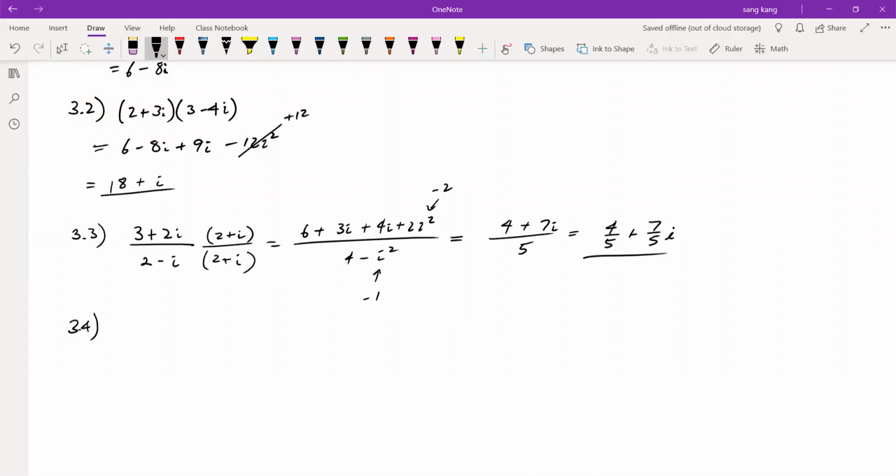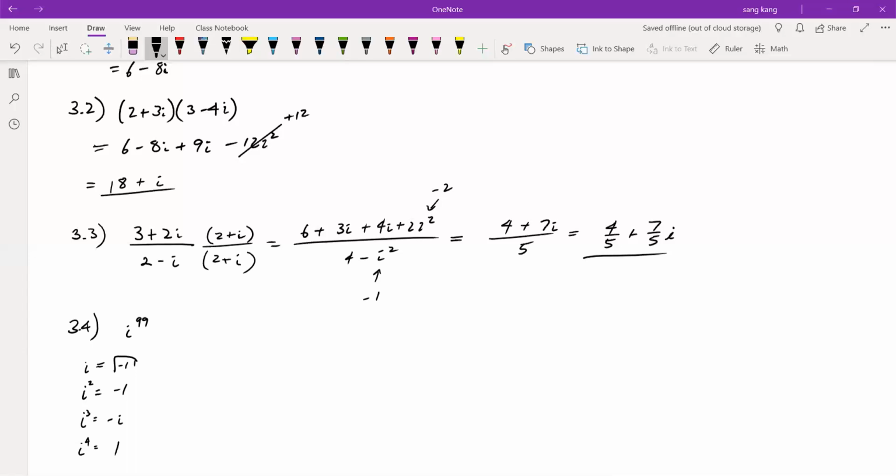3.4. How about i to the 99th power? Earlier I wrote these out, and we see in the pattern, this is negative i. Using this pattern, we can figure out what i to the 99 is without keeping track of each exponent.